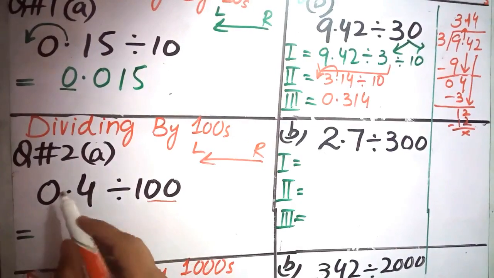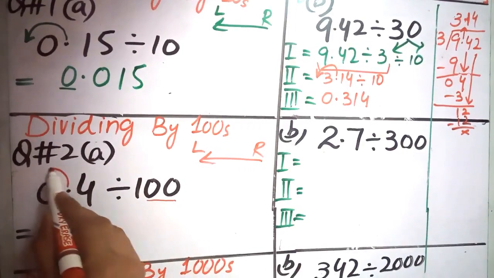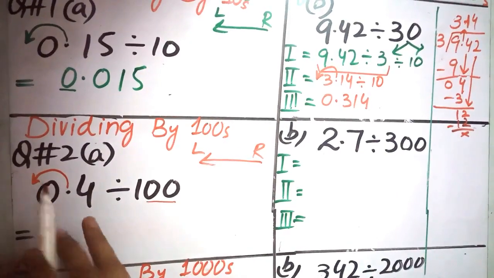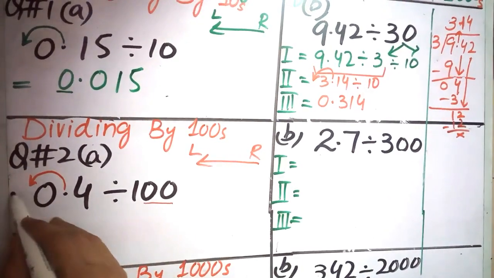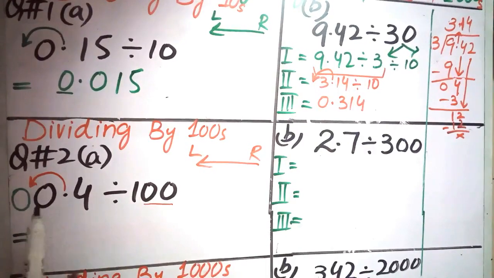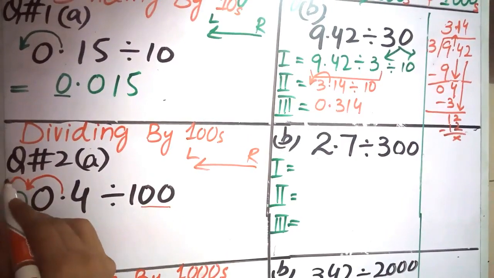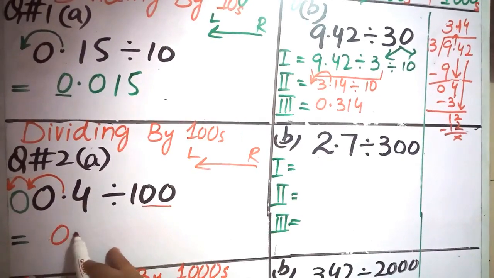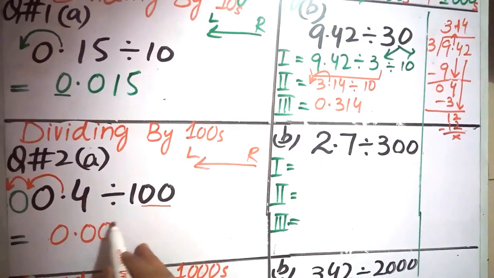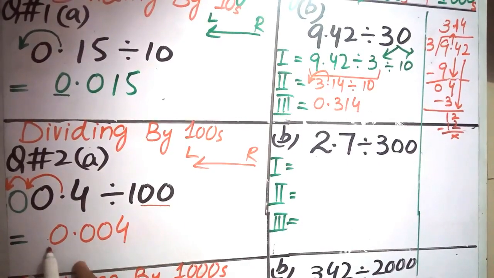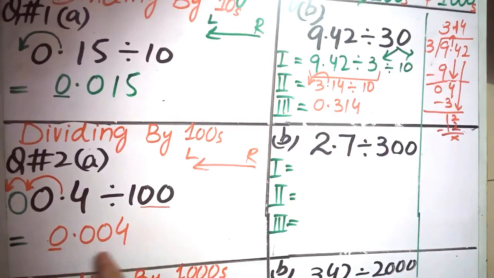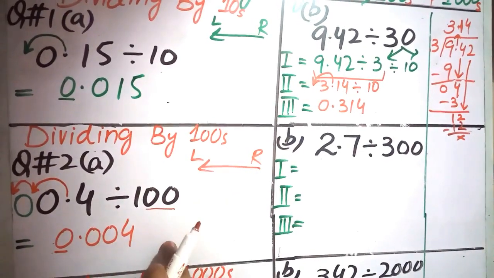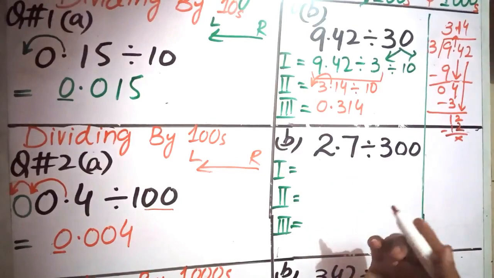But if we shift the point once, we don't have any other number, so we have to put an extra 0 to shift the point a second time. Now we will get the answer 0.004, and I have put an extra 0 to balance the number. Again, we have done this question in one step.